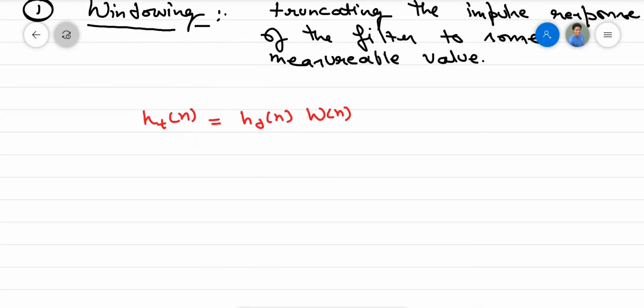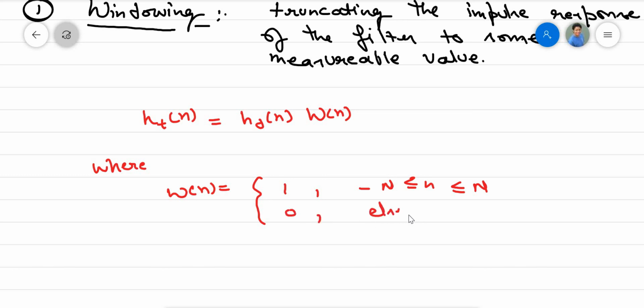We know hd(n) is defined from minus infinity to infinity. So in this particular case, our window function w(n) will be defined as 1 from minus N to N and 0 elsewhere.